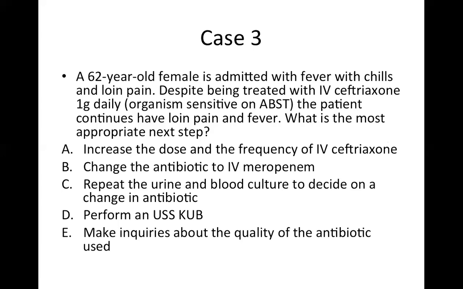So basically, they have done a culture and ABST, and the organism has been shown to be sensitive to this particular drug. Despite being treated with this particular sensitive medication, the patient continues to have loin pain and fever. So clinically, the patient seems to be not improving. What is the most appropriate next step? So we'll start the poll.